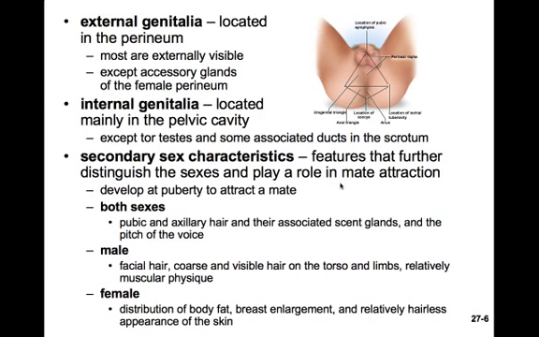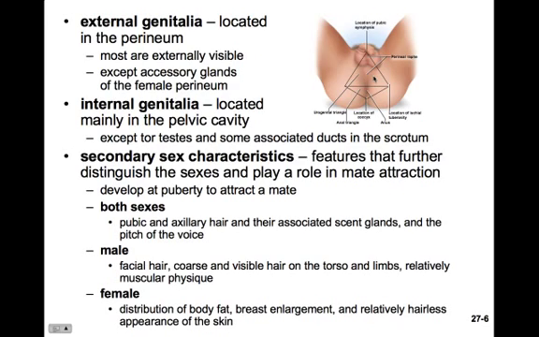The external genitalia are located in the region of the perineum. That's inside this diamond shape right here. The corners of the perineum are at the ischial tuberosities or sits bones, the tip of the coccyx, and the pubic symphysis. In this region is the perineum. Most of the external genitalia are visible.